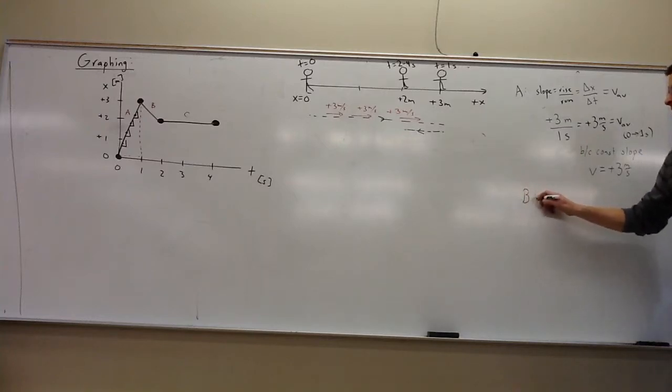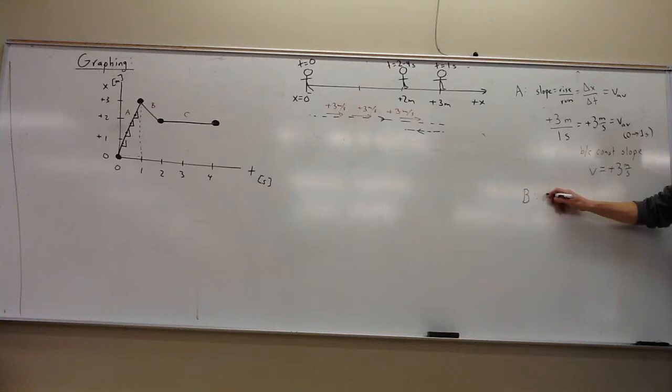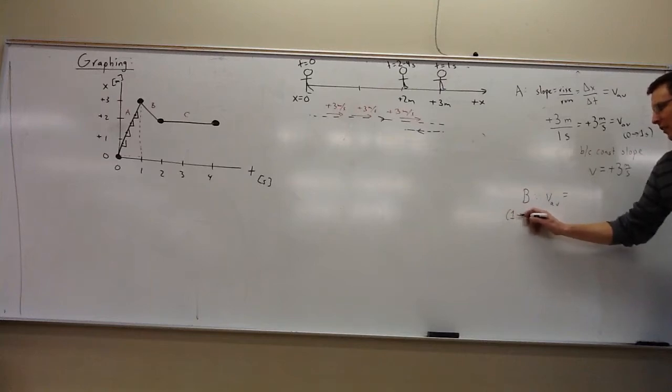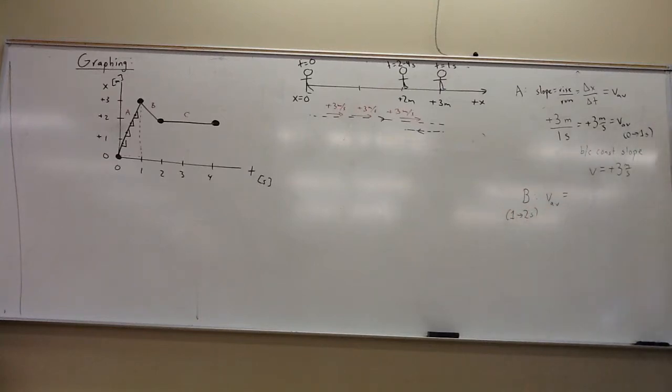For segment B, if we take the slope, we can find the average velocity from 1 second to 2 seconds. What's the rise there in segment B? Minus 1 what? Meter. And what's the run? 1 second. So my average velocity during this part of the trip was negative 1 meter per second.